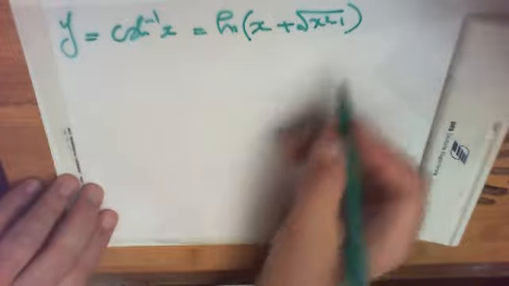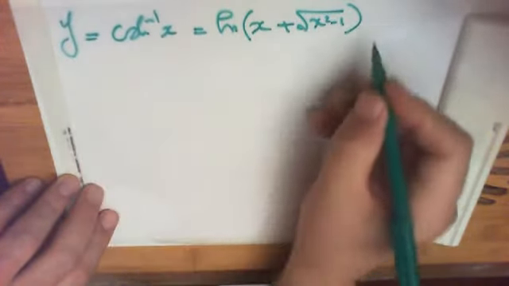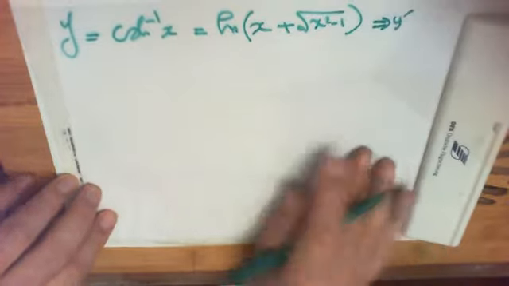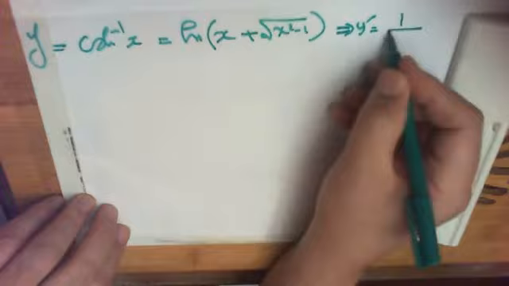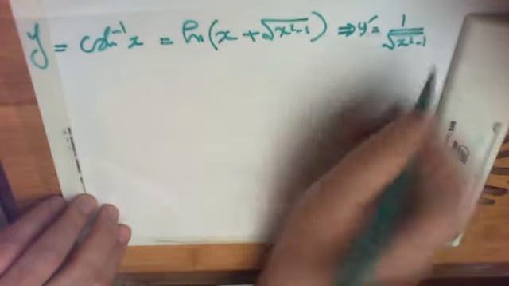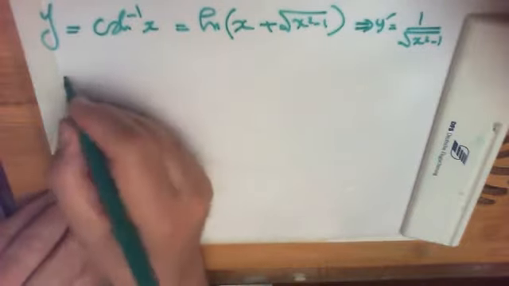We obtained the derivative of this function, as you remember, y dash equals 1 over the square root of x squared minus 1. Can we obtain it from here? Yes. How come? Let us calculate.